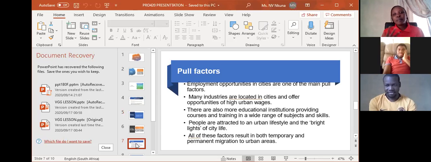People are attracted to an urban lifestyle and the bright lights of city life. All of these factors result in both temporary and permanent migration to urban areas. These are the positive reasons that attract people to an area.